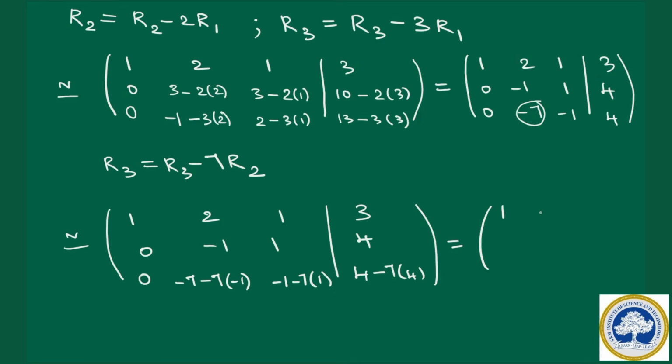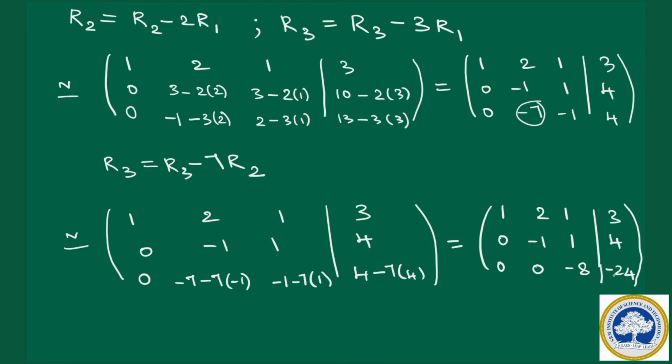So this will give you 1 2 1 3, 0 minus 1 1 4, and 0 0, this is what we have to make as 0, and then this is minus 8, and here 4 minus 28 is minus 24. So this is the matrix.